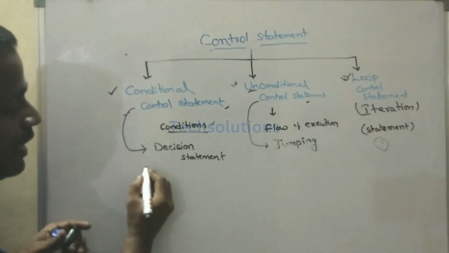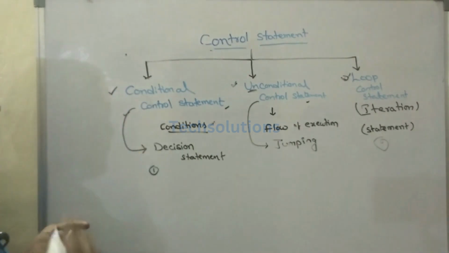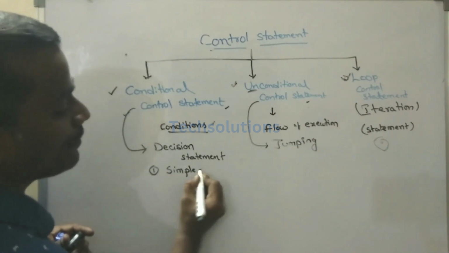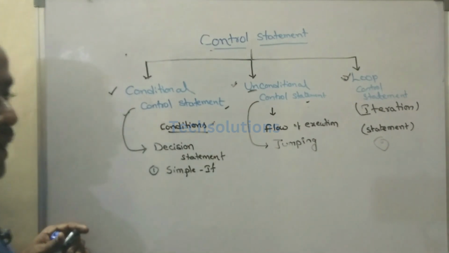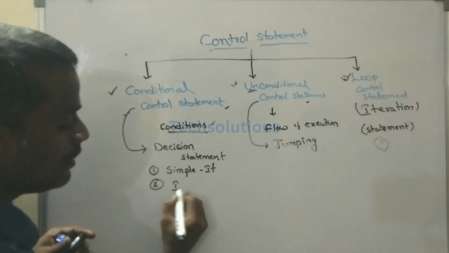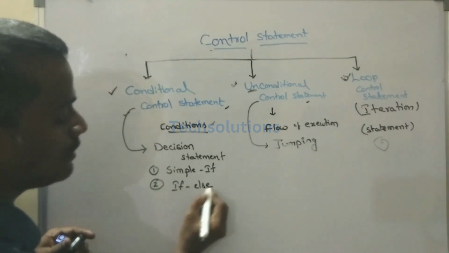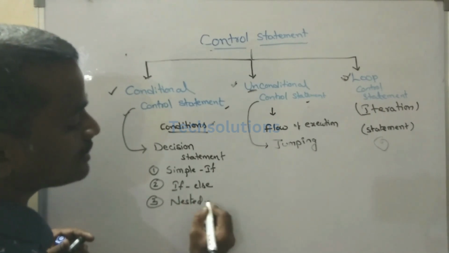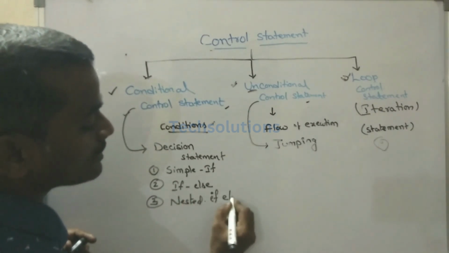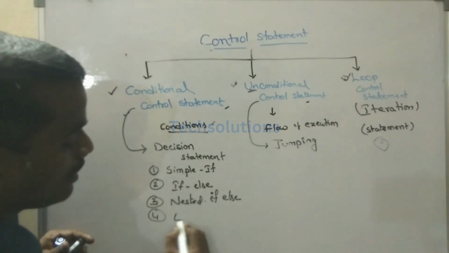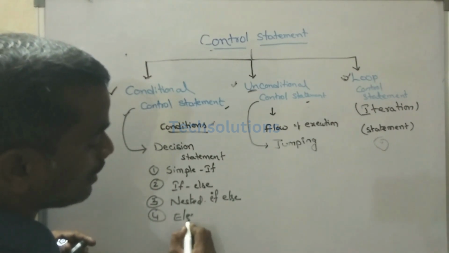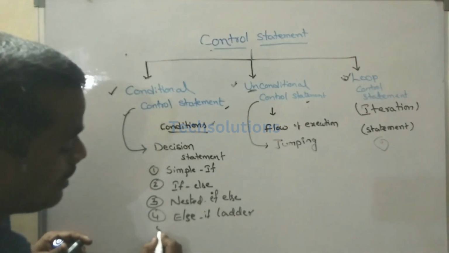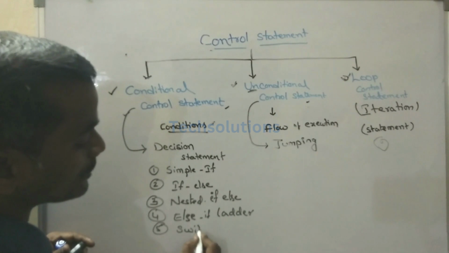Now what are the different conditional control statements we have? First we can see one by one. The conditional control statements are simple if, if else, nested if else, else if ladder, and the last one is switch.